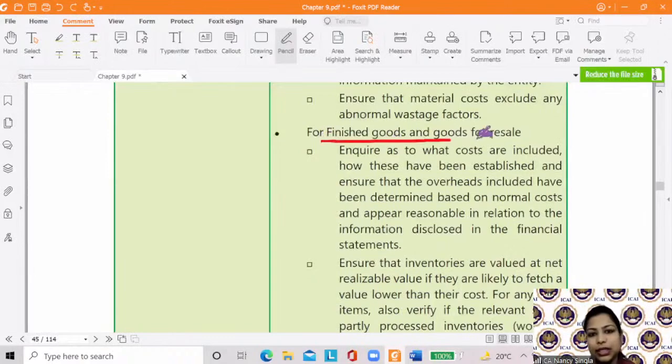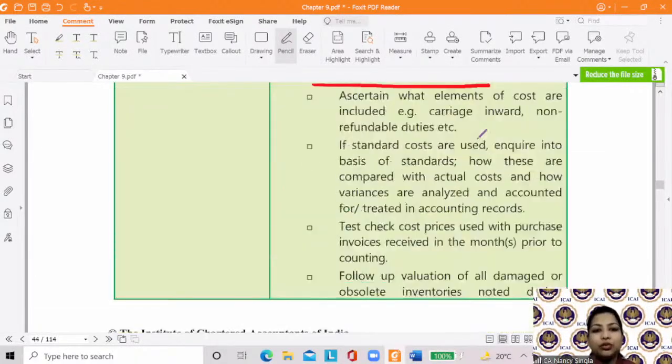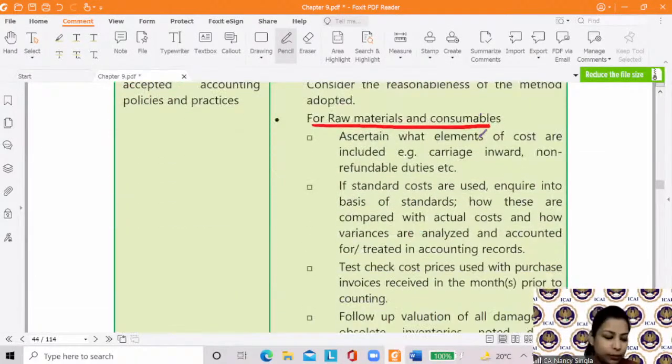So with respect to raw material and consumables, what will the auditor see? The auditor will have to verify. See, when I tell you this, you just have to learn the language of how to write.